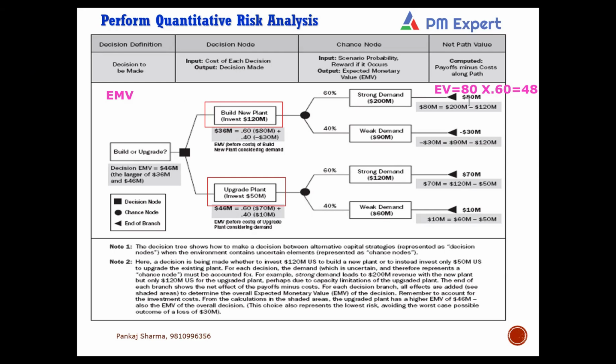Now, similarly, if the demand doesn't go as per my expectation, am I losing 30 million? Yes. But is this 30 million 100% guaranteed or 40% guaranteed? 40%. So the expected value of this is what?